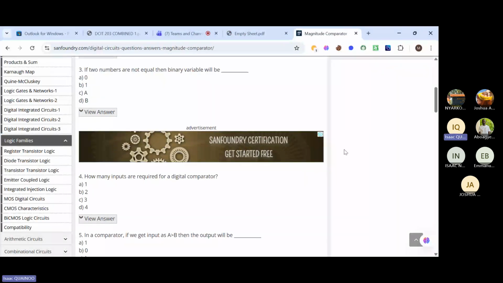So question 4, how many inputs are required for a digital comparator? B. That's 2. So 2 is correct. Okay, let's go to question 5.